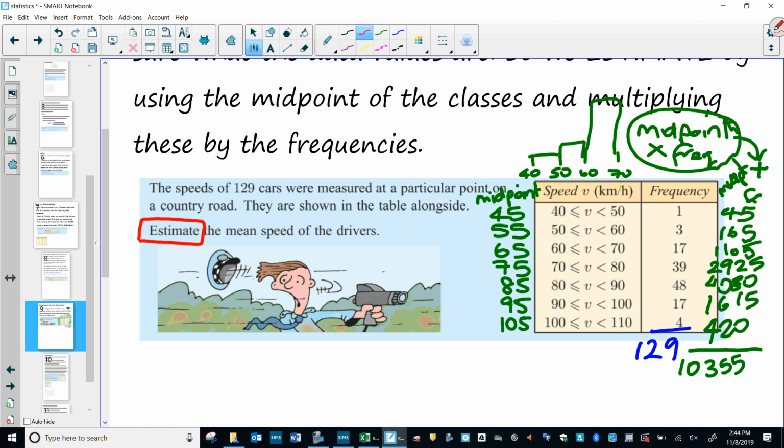Now, this is because, what was our very first step? To find the midpoint. Yes, we found the midpoint. So because we don't know whether our data value was 40, 41, 42, we don't know what it was. We know that there was just one in this group. We guessed, or we're pretending that it is the midpoint of that range. Okay? So that's why you will always see this word estimate.